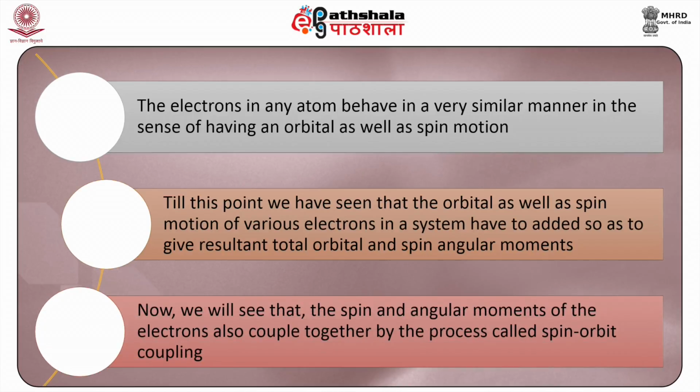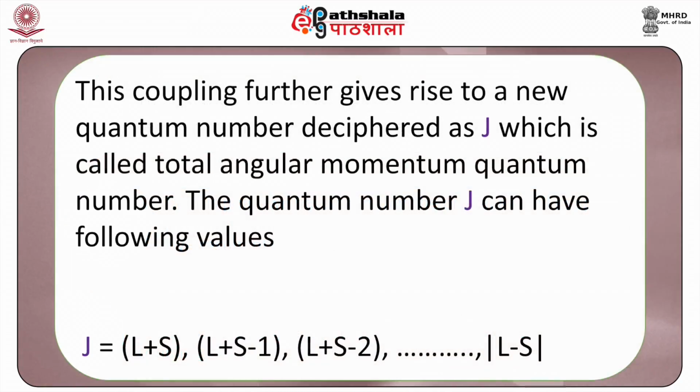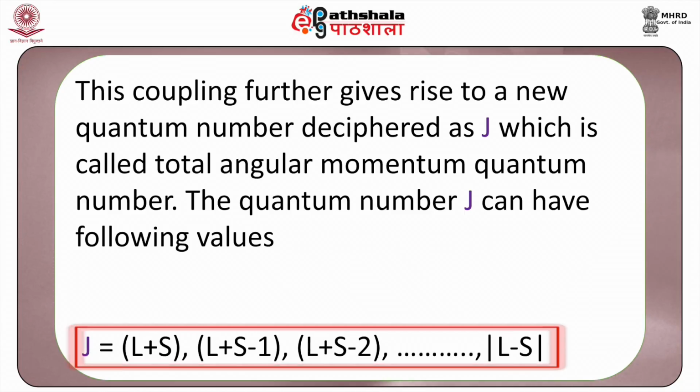Now we will see that the spin and orbital angular momenta of the electrons are also coupled together by a process called spin-orbit coupling. This coupling gives rise to a new quantum number, capital J, which is called the total angular momentum quantum number.